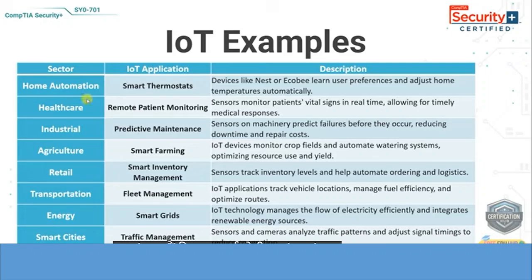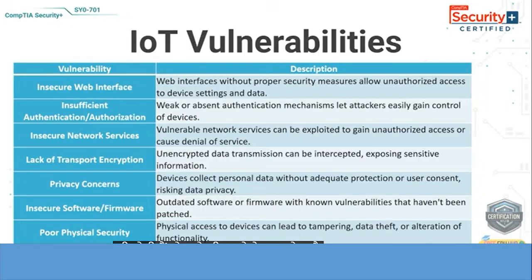Agriculture, smart farming; retail, smart inventory management; transportation, fleet management; smart grid, which is energy; smart cities, traffic management. These are very good examples of IoT.